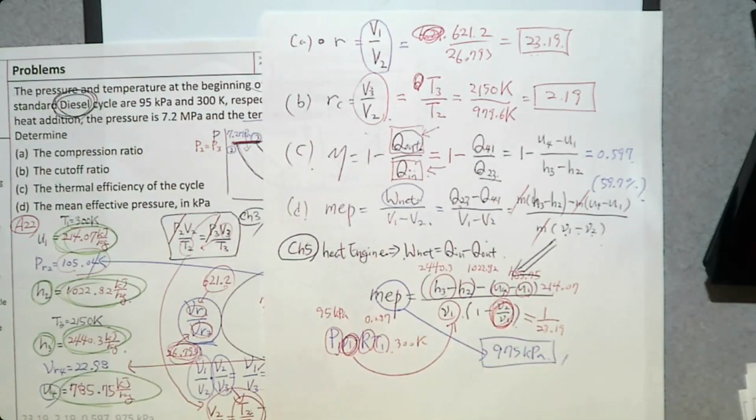So that's how you solve this problem once you determine U1, H2, H3, U4. Basically, what you are going to do in the final exam, if I give you, let's say, an Otto cycle or diesel cycle, you need to determine the thermal properties at each state, let's say U1, H2, H3, U4. Once you find them, calculating the others is not very difficult.